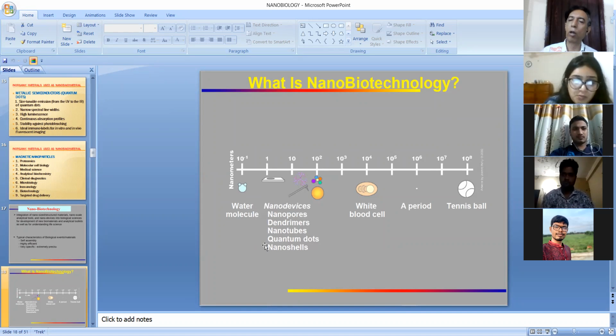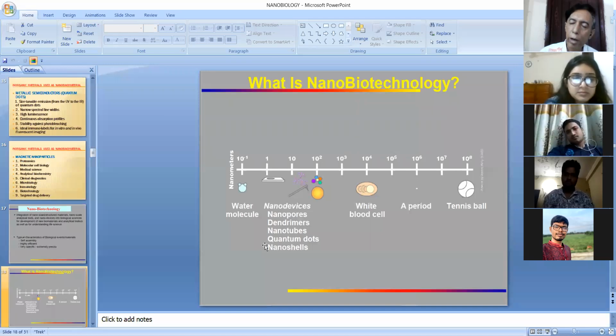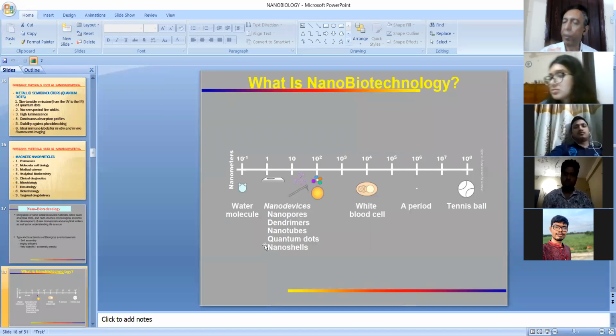That is called targeted delivery, or to diagnose a problem in your body. These are nano devices: nanopores, dendrimers, nanotubes, quantum dots, nanoshells.